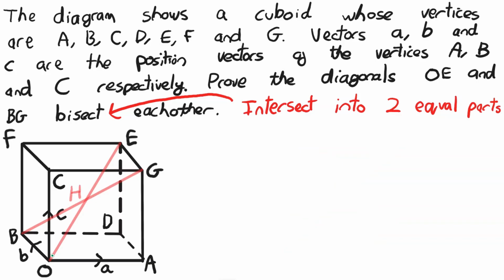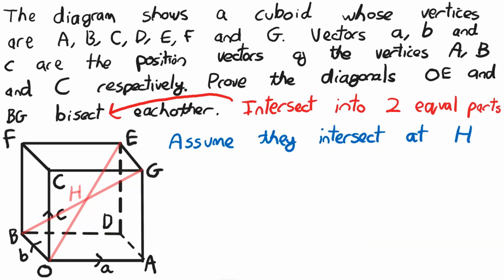We have these two diagonals, OE and BG. Now remember, when you're doing a proof, you can't assume the proof, so we cannot assume that they're going to bisect. However, what we can assume is that they're going to intersect, and we're going to say that this is going to happen at a point H here.